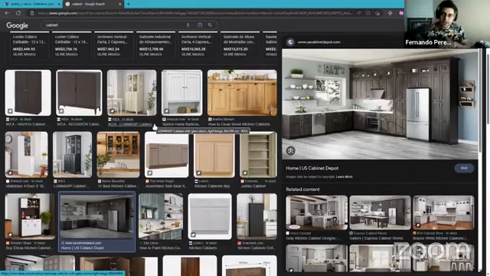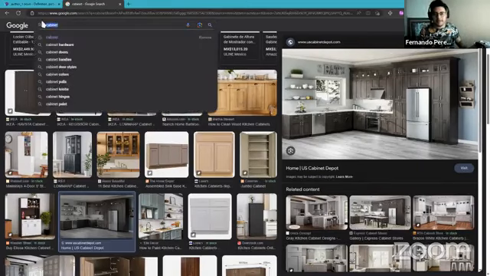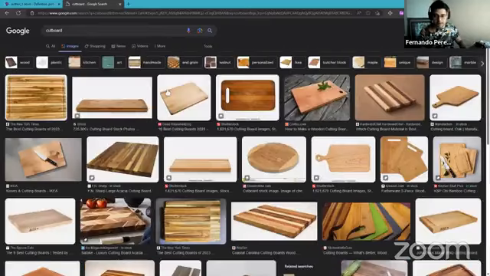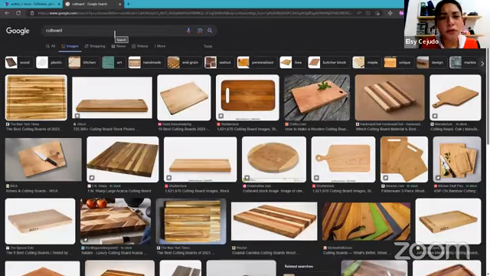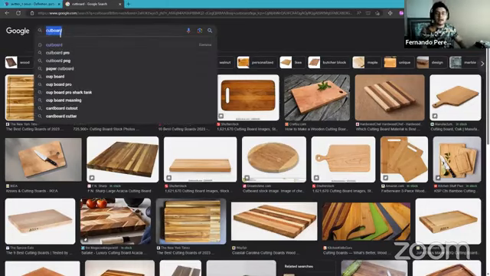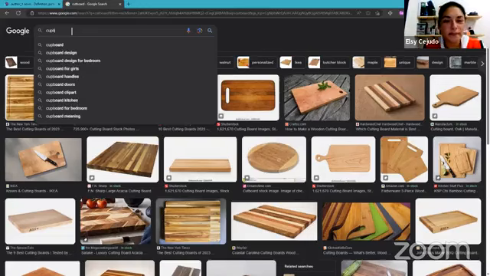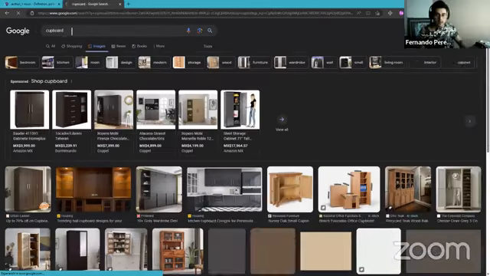The cutting board is super different. The cutting board is to cut onion. It's a piece of wood that you use to cut. Cupboard, with P. Pronunciation: cupboard.